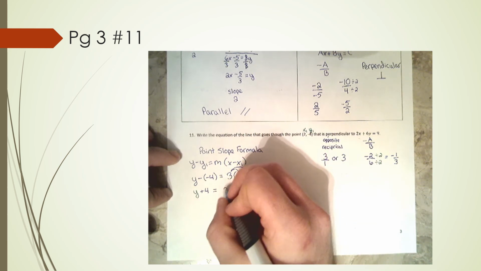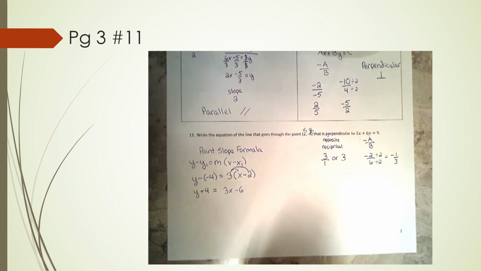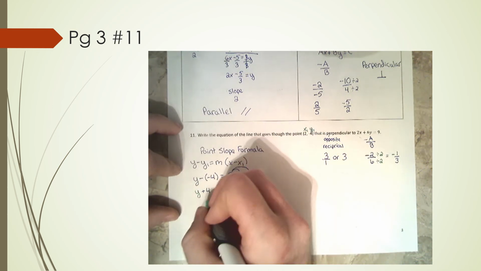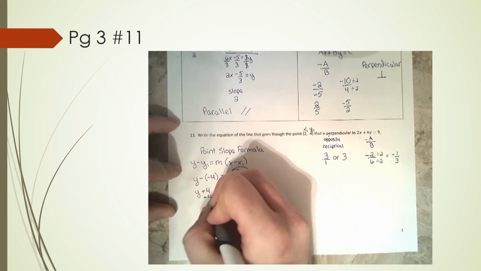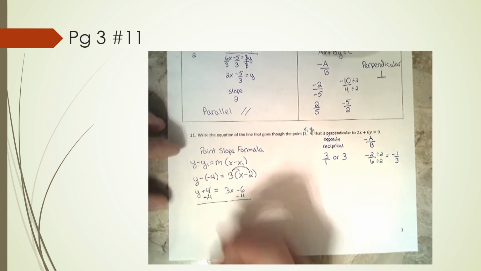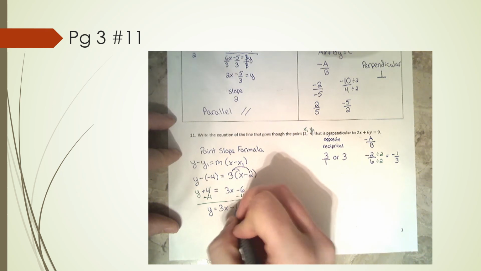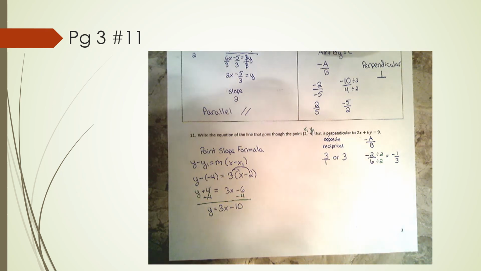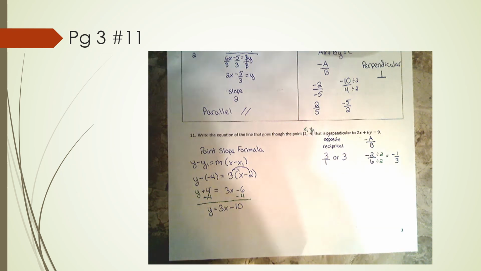So 3 times x is 3x, and then 3 times -2 is -6. Now, I want to get y by itself, so I am now going to subtract 4 from both sides, and then I get y equals 3x minus 10. So we have now put it into y equals mx plus b form, so slope-intercept form.